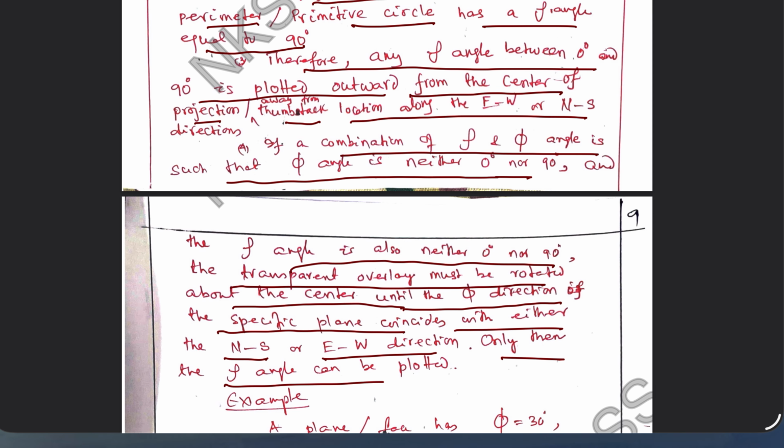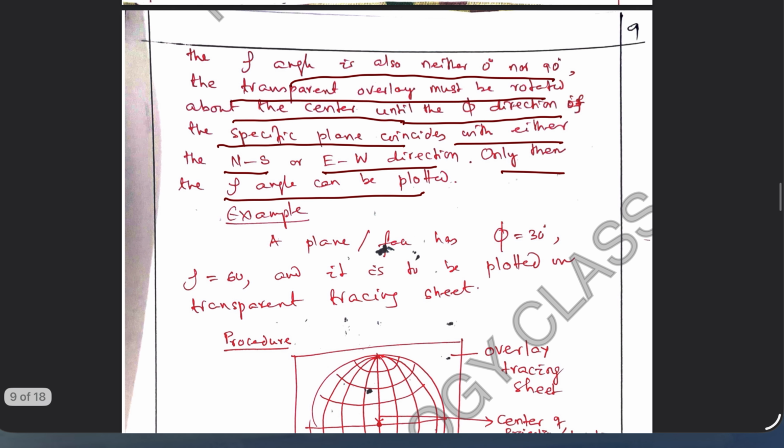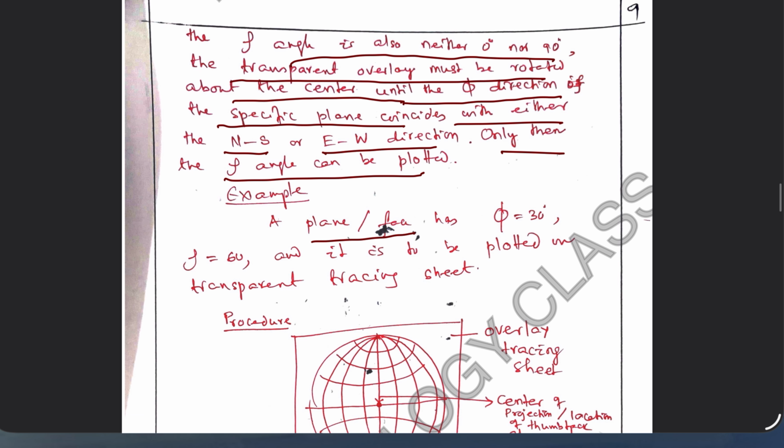Only then can the rho angle be plotted. So one example has been shown. Let us say a face has phi angle 30, rho 60, and it is to be plotted on the transparent tracing sheet, the overlay.